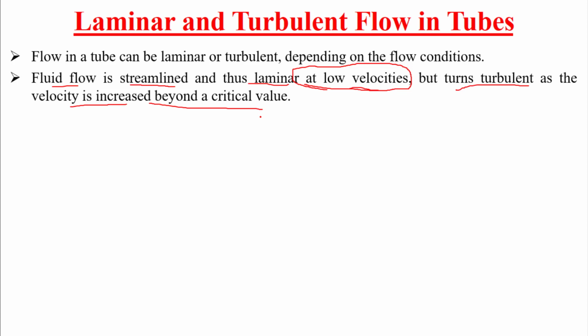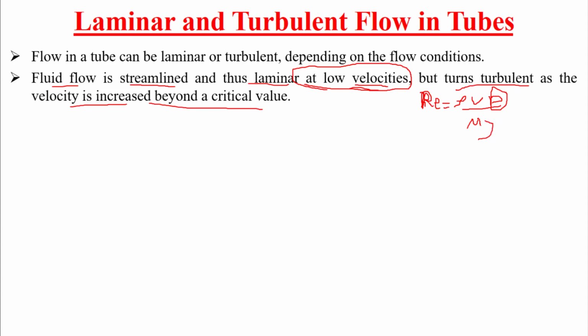Of course, why are we focusing on velocity? Because we are dealing with incompressible flow and constant pipe diameter. So the Reynolds number, which is the most important dimensionless number that describes laminar or turbulent flow, is equal to rho V d over mu. So if we are talking about constant pipe diameter, this variable is constant and will not affect.